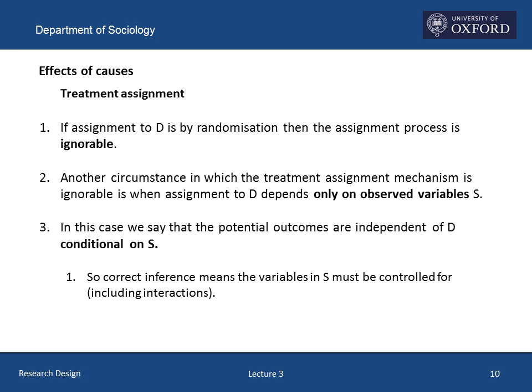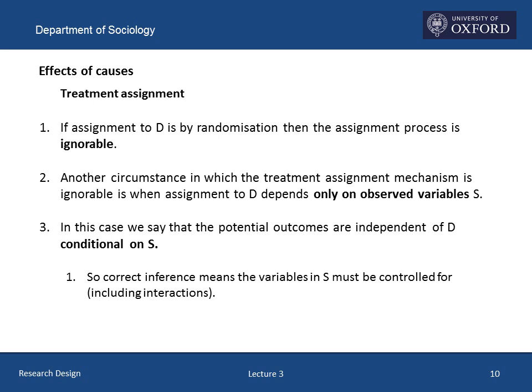If assignment to D is by randomization, or something that approximates to randomization, then we can say that the process is ignorable. The practical implication is that we need know nothing more about it or do anything in the way of statistical adjustment because of it.